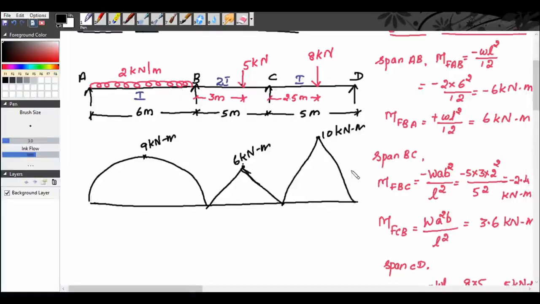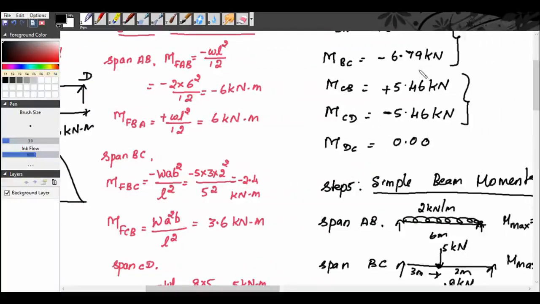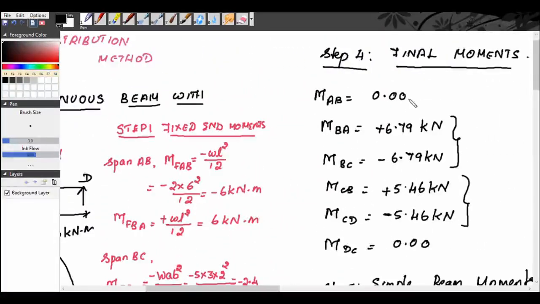Now we will draw the final moments, that is final support moments. Final moments at the supports.